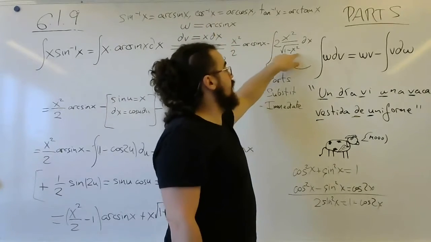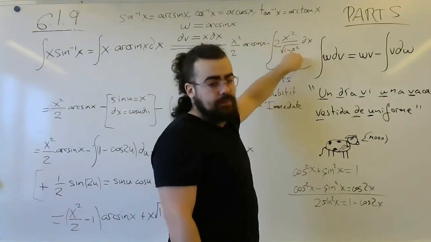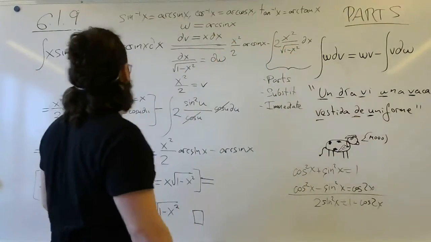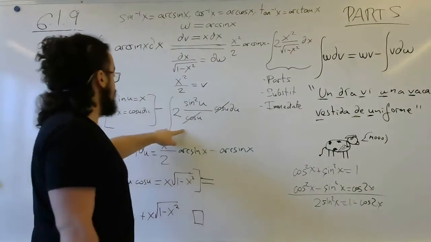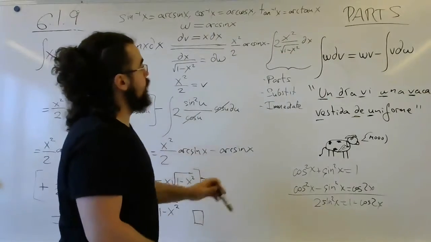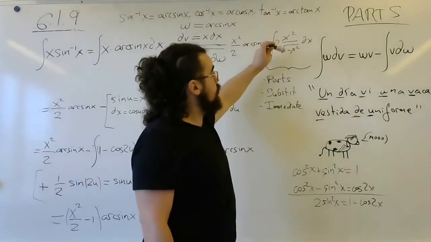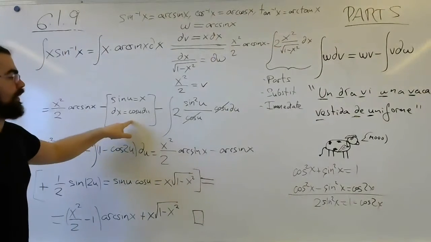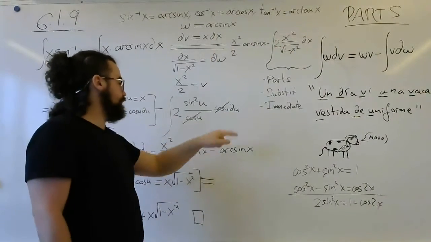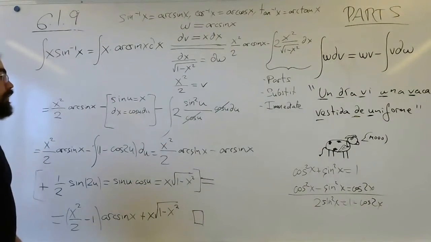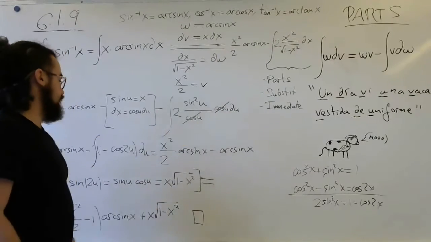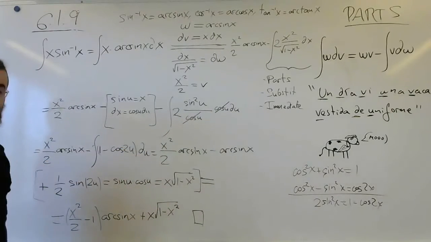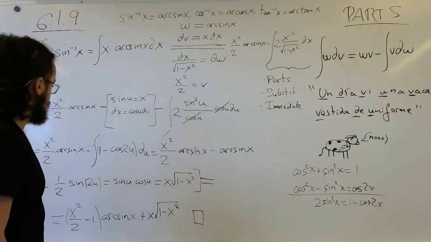Then you have to figure out that this can be solved using a trigonometric change of variable. You have to be very careful of the details. This becomes sine squared, this becomes 1 over cosine, and the differential is multiplied by the cosine. Then you have to figure out that sine squared is actually something like this.